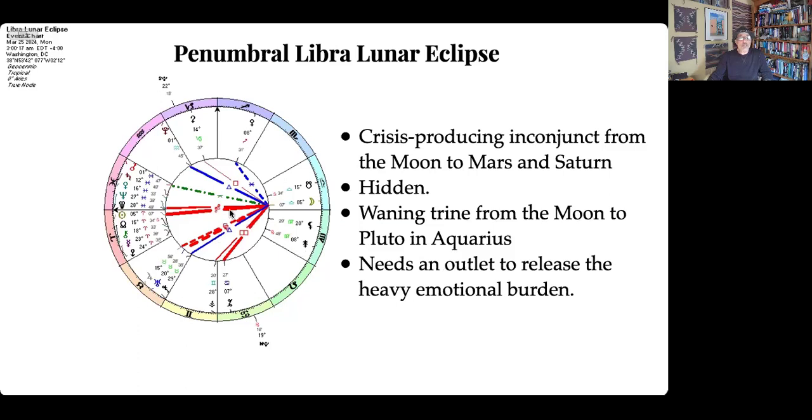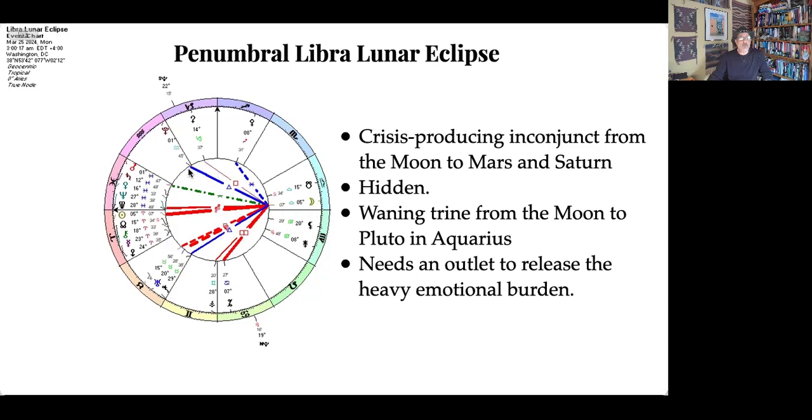There's a crisis-producing inconjunct from the moon to Mars. You can see it with this green line here. There's something that's hidden. There's a waning trine from the moon to Pluto. You can see this in this blue line here in Aquarius, which needs an outlet to release the heavy emotional burden. It's these two aspects which are really the trigger points for releasing all of the tension of all of these squares and semi-squares down here between Aries and Libra and between Taurus and Libra.